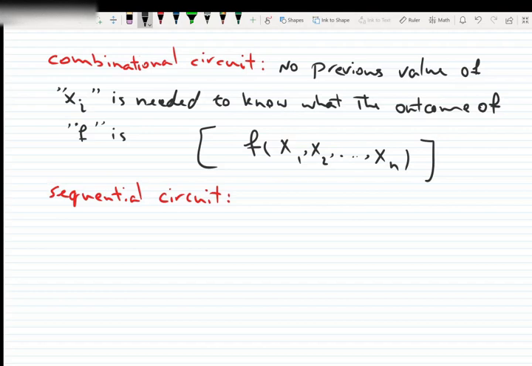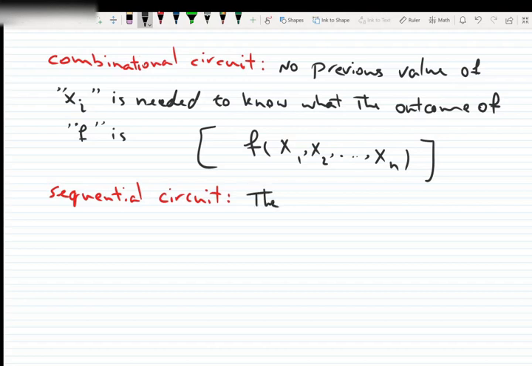One more time, in combinational circuits, the output depends only on the variables at the present. But in sequential circuits, the value depends on the variables at present and past.